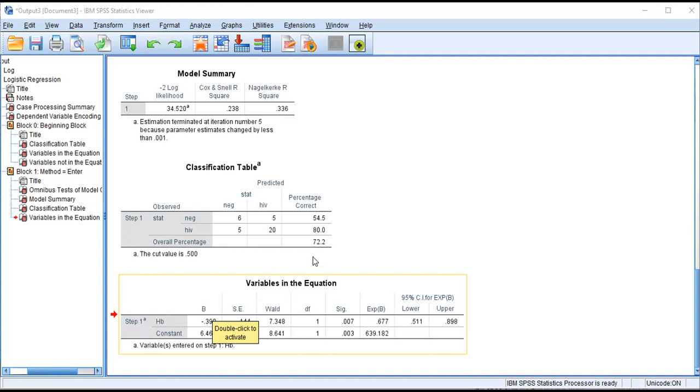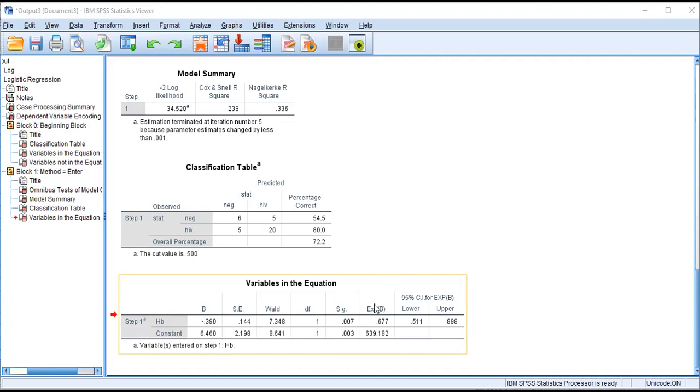Another way you can interpret your binary logistic regression is with your odds ratio, and it's the most common way of interpreting binary logistic regression. They have similar information, but what you should know is that the odds ratio is interpreted in three ways.